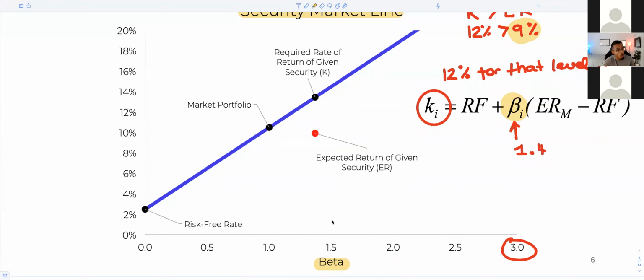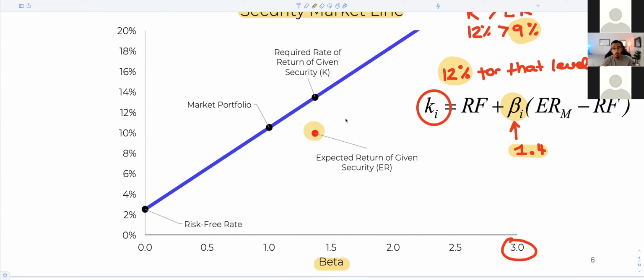So are you making more return than what you require, or less? If for that level of risk you expect to receive 12%, but you only got 9%, are you making more or less than what you require at that level of risk for Tesla stock? Once again, beta represents the level of risk of an investment. At a beta of 1.4, which is Tesla's beta, you require 12% return. However, you only got 9% return.